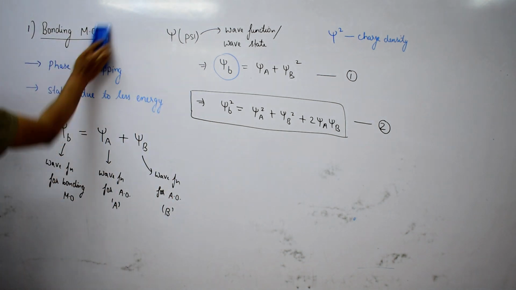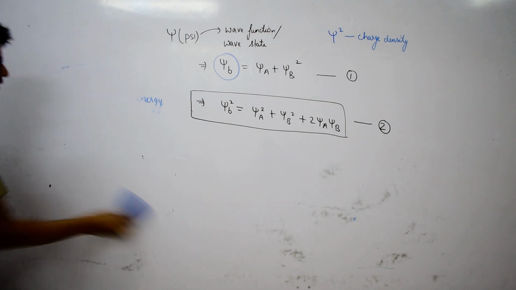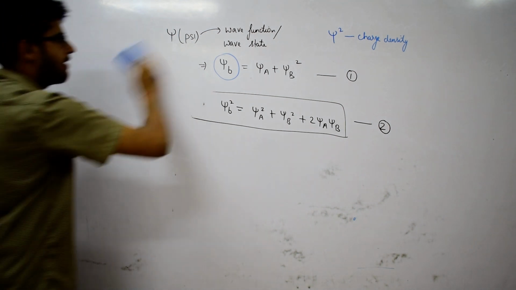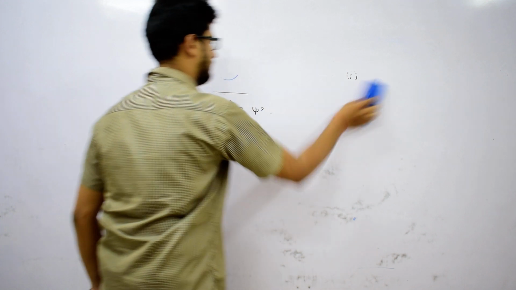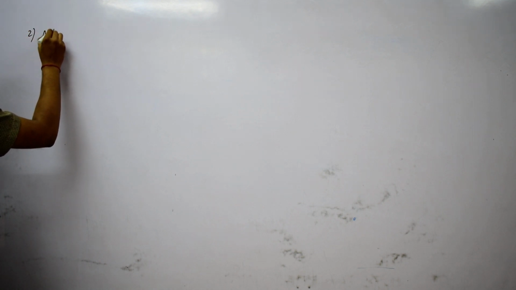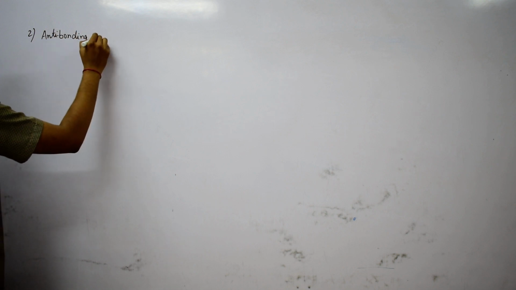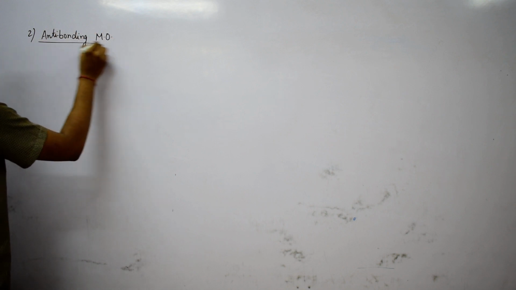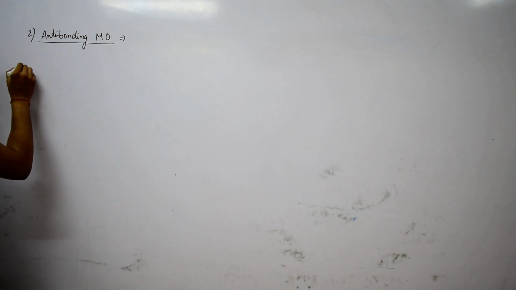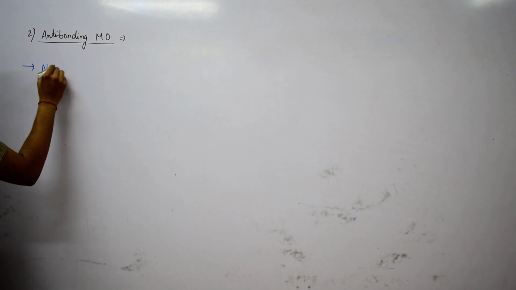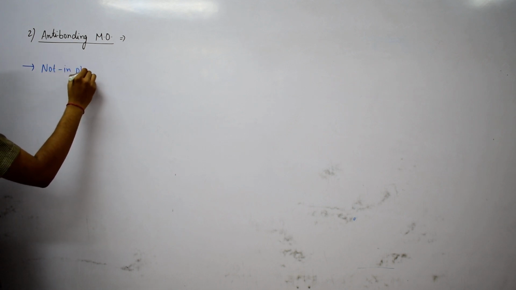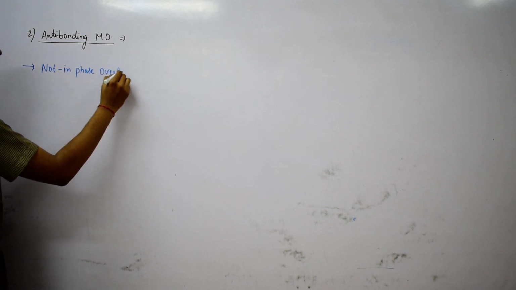Now let us see what are the characteristic features of the anti-bonding molecular orbital. In case of anti-bonding molecular orbital, it is formed by not in-phase overlapping.